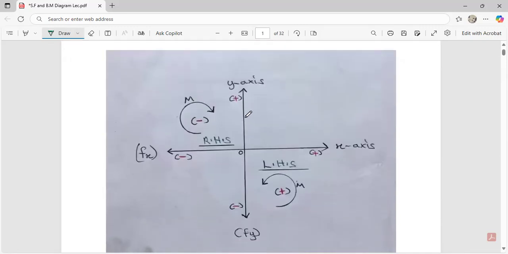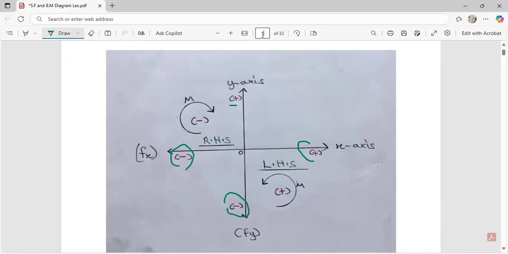In the memory aid we have over here, all forces that are moving upwards are positive. All forces that are moving downwards are negative. The forces that are moving to the right-hand side are also positive. The forces that are moving towards the west side are negative. All right.